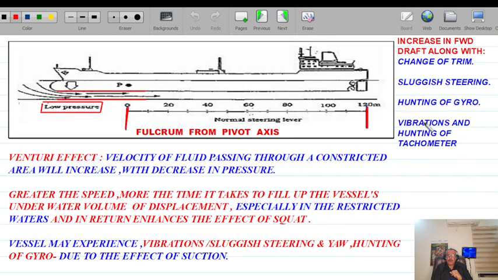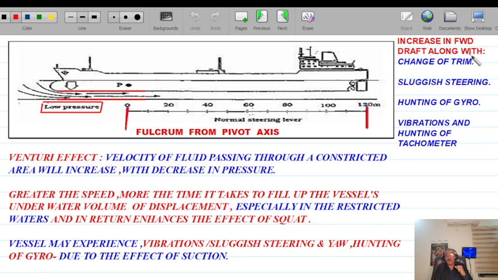So now we talk about how the squat works. If I talk about the ship moving, and she, let's say, has a block coefficient of more than 0.7, she is basically tipping down with the bow. So she's squatting by the head. There is a low pressure created here. And what happens?